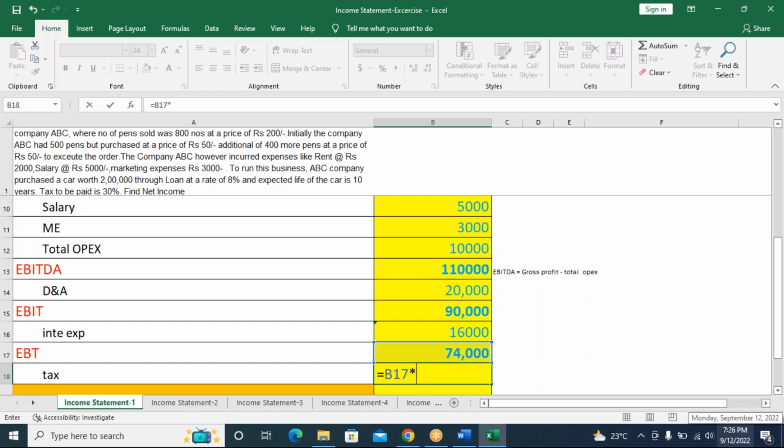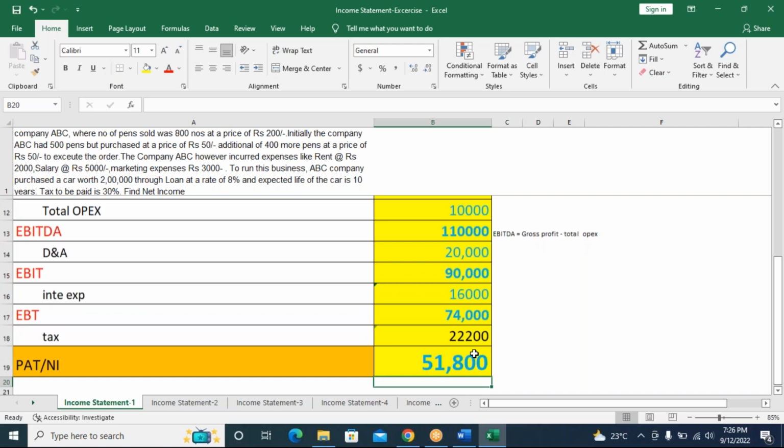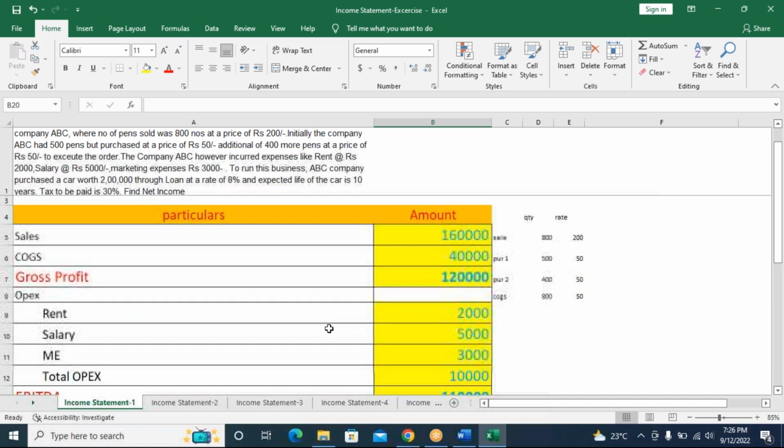On this I'll be paying 30% tax. Okay, so that is 22,200. So profit after tax is equal to EBT minus tax amount. So this will be my net income or PAT, that is profit after tax.